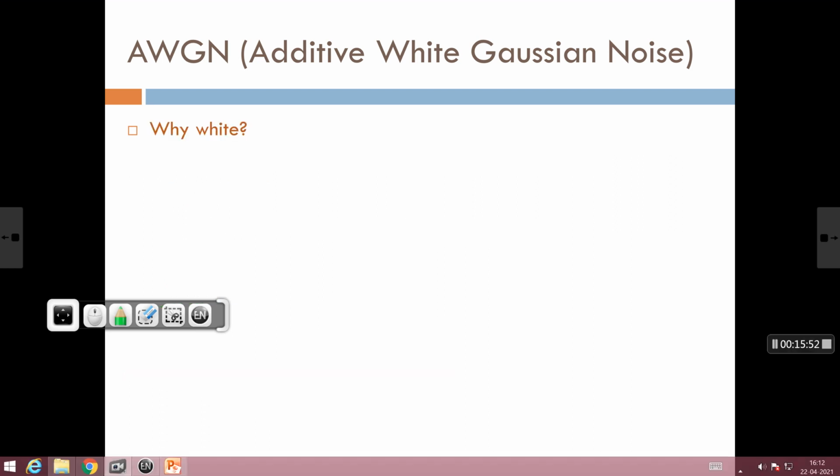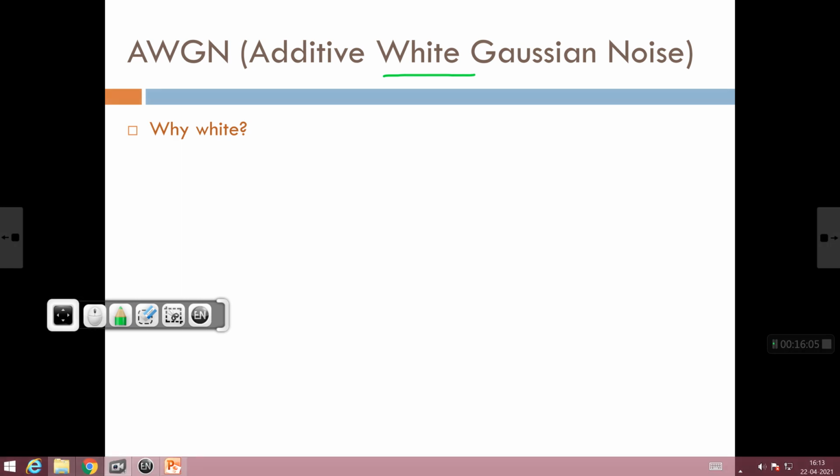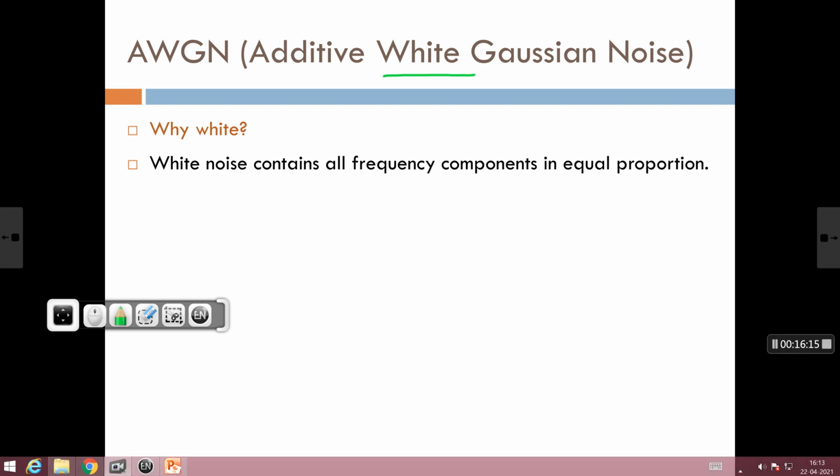Next is the term white. Why is this noise called white noise? Does noise have a color? Why is it called white? It is called white because it contains all frequency components in equal proportion. A simple example I would like to give you is white light.